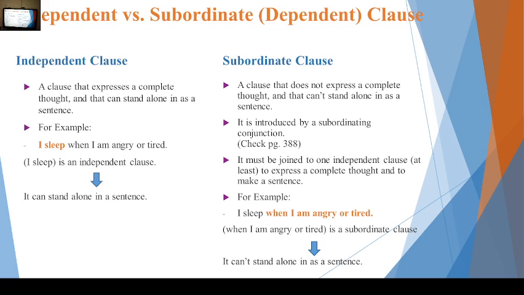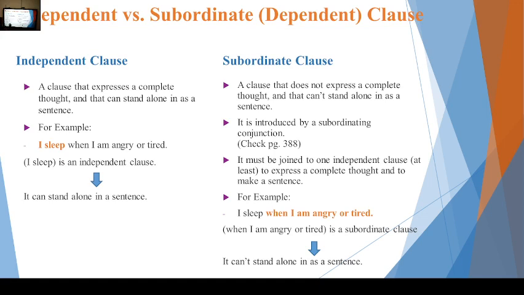So for example, when you say, I sleep when I'm angry or tired, if you take the clause when I'm angry or tired alone, does it express a complete thought? When I'm angry or tired? It doesn't, right? You need to join an independent clause to complete the meaning. That's why we call it a subordinate clause or dependent clause.